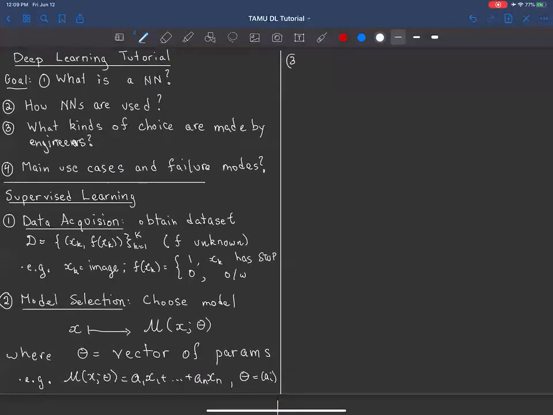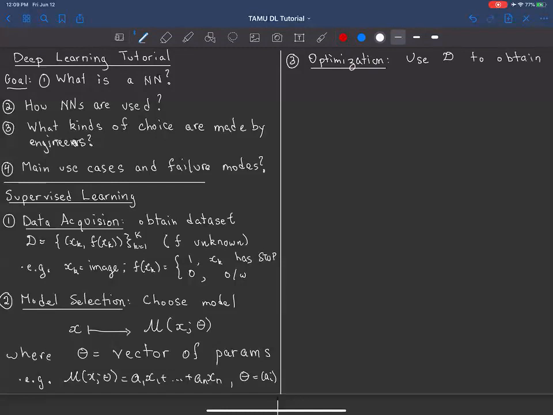Step 3 is you say, okay, now that I fixed the form of the computation, I want to try to find a good setting of the parameters. Okay, so this is what you might call optimization. Okay, so optimization consists, one way or the other, it's not a priori clear how to do this, but you somehow want to use the data set, which are examples of the correct values you'd like to interpolate, to obtain a good setting of parameters.